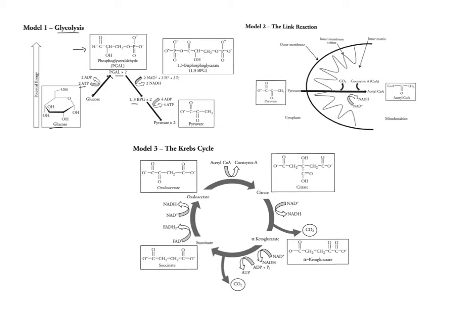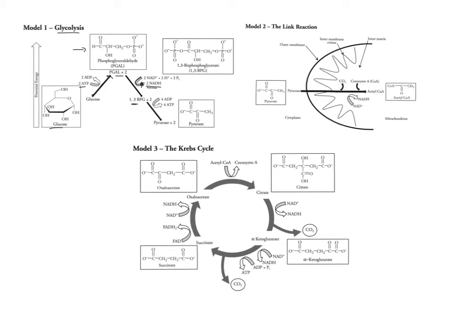The free energy is going to be captured in these high energy electron carriers called NAD+, or the reduced version, which is NADH. There are high energy electrons that carry the free energy released in this reaction, and it gets stored in NADH.